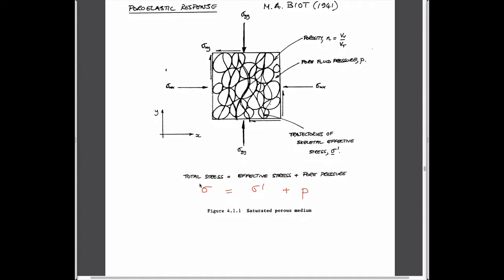And so this is the law that we need to know because it defines that behavior is controlled by deformation as sigma prime equals D epsilon, and failure. Let's not care about failure. So that's the essence of it.